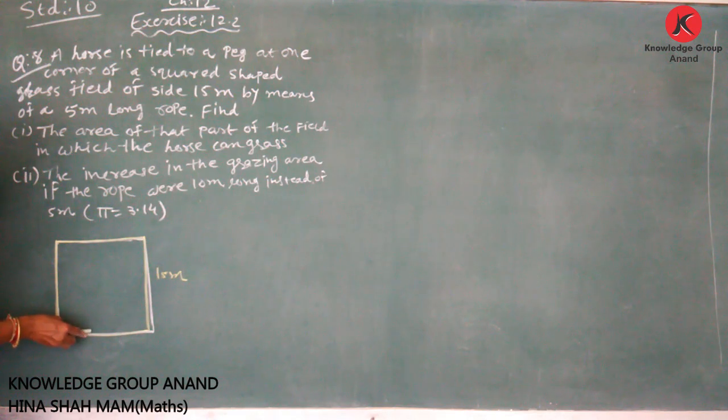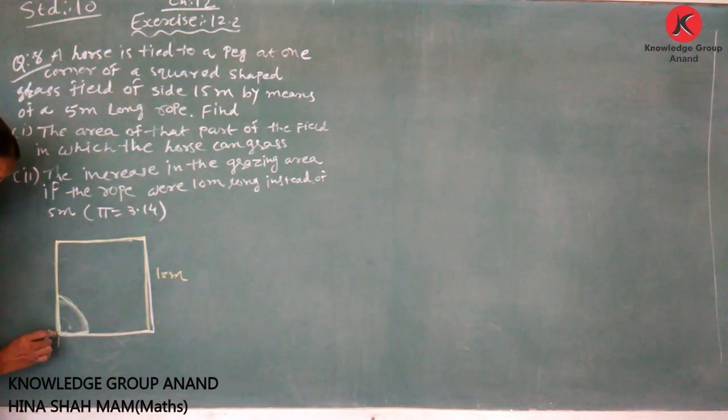Then its grazing area is like this. It starts here, then it grazes in this area. It is the shape of which shape? Sector. Here this is its center O, and the radius is 5 meter.